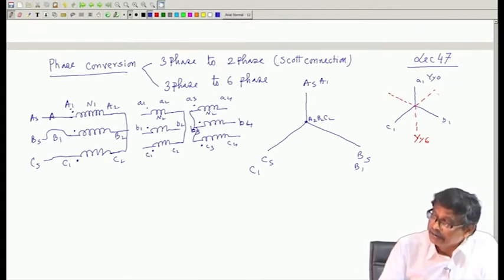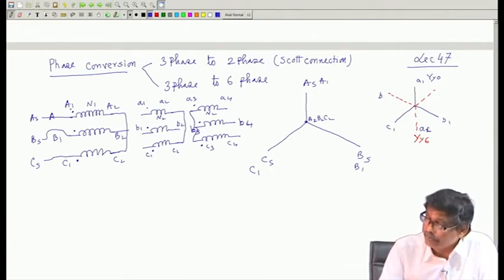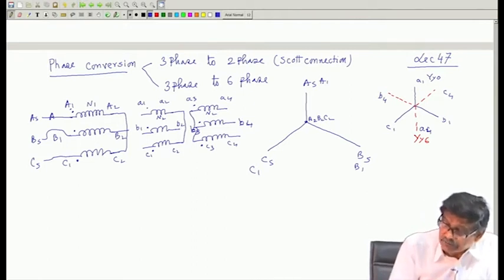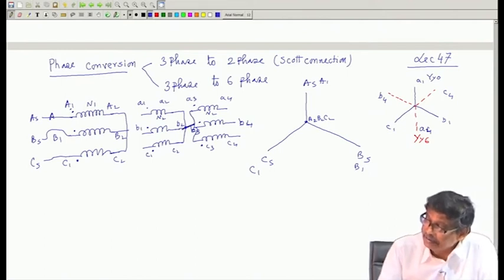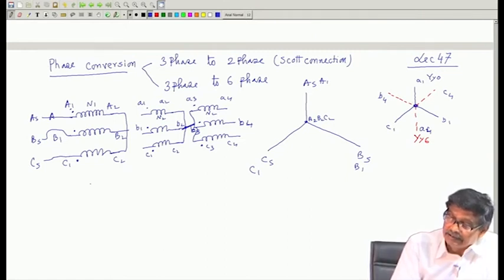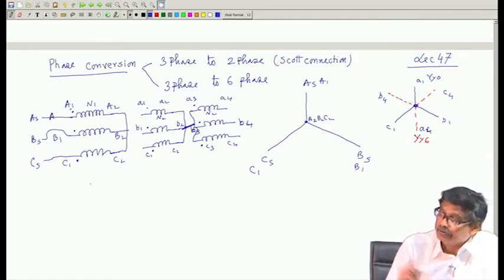Then the naming of these terminals will be: this is A2, this is B2, oh not A2, A4, B4, C4, and then you join these two neutrals, you short these two. Then this point becomes a global neutral on the secondary side, where A3, B3, C3 and A2, B2, C2 are shorted.